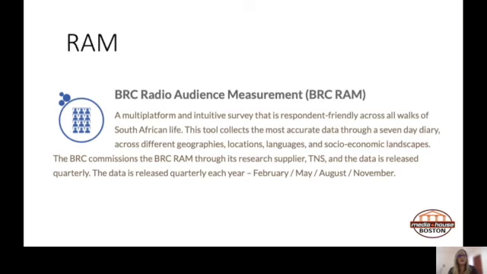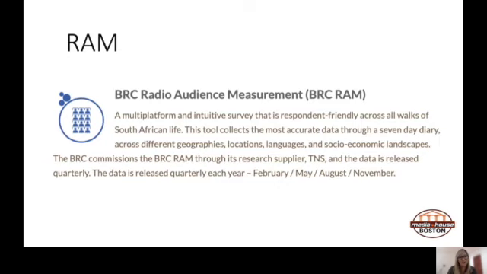So here's just a short summary of RAMs. You'd remember from the previous lesson, we spoke about the BRC, the Broadcasting Research Council, radio audience measurement. So that's what this whole thing is. The BRC radio audience measurement is a multi-platform and intuitive survey that is respondent-friendly across all walks of South African life.